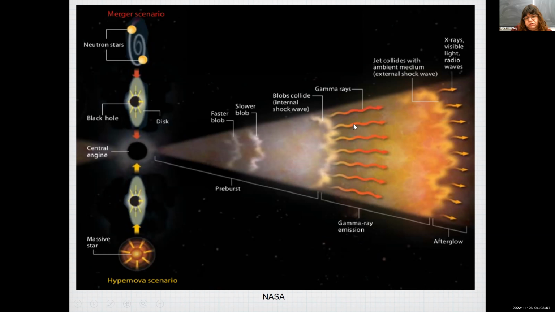So this part would be emitted before the material had reached this far out. As you go left to right, time is increasing too. So in other words, the gamma ray burst here might be able to escape before the material runs into the interstellar medium and produces the afterglow. Oh, I see, I see. Okay.